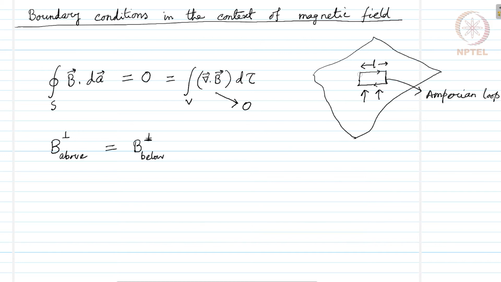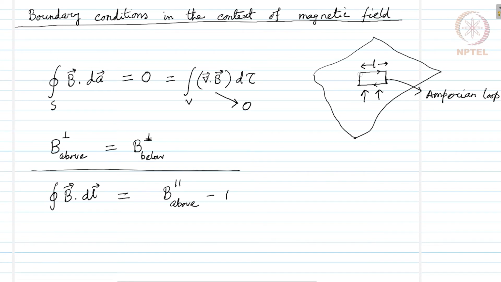In that situation, we can write on this Amperian loop the closed line integral of B dot dl, that will be nothing but B parallel above minus B parallel below times L. Although the parallel component of the magnetic field is a vector, because we have considered a particular direction of the magnetic field, here we are talking about only one parallel component of it.